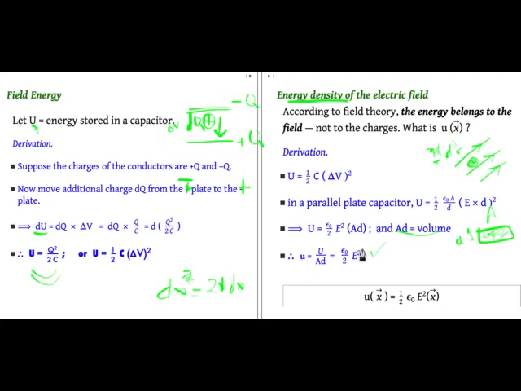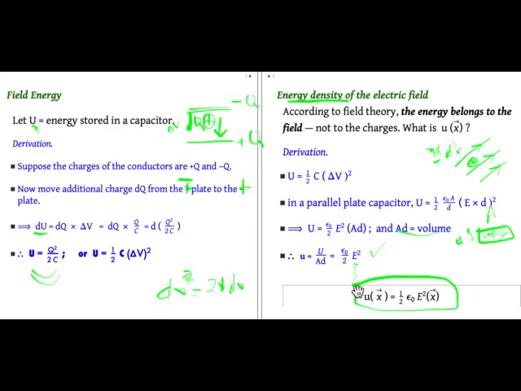But this is the correct equation for, you know, it only depends on the electric field. So if you had an electric field that was different at different points in space, then you'd find the energy density at a point in space is just the square of the field at that point. So this is a very profound equation.